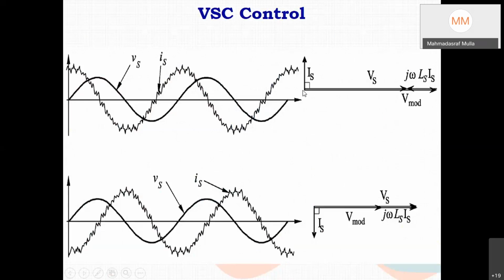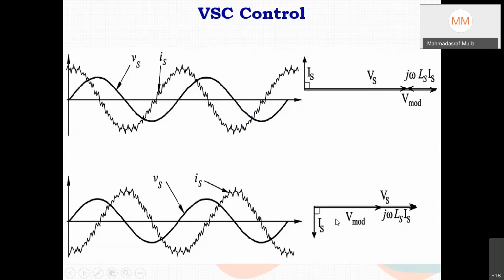If the magnitude of the inverter voltage, this V modulating, is higher than your receiving end voltage, and both have the same phase angle, then inverter voltage plus reactor drop is your receiving end voltage, and the current supplied by this arrangement will be leading.